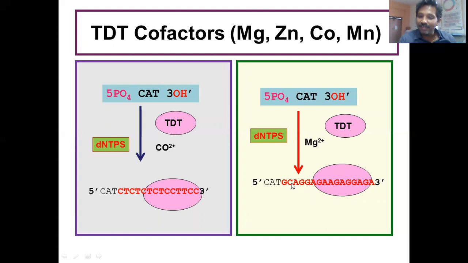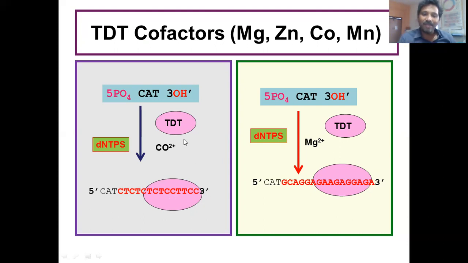You see, all of them are guanine and adenine. Here I have a C, but actually that is wrong. So terminal deoxynucleotide transferase gives more preference to the purines over the pyrimidines in the presence of magnesium.